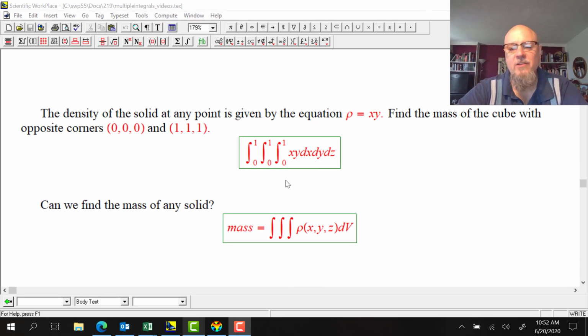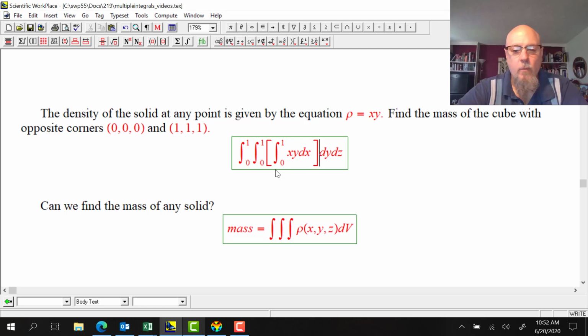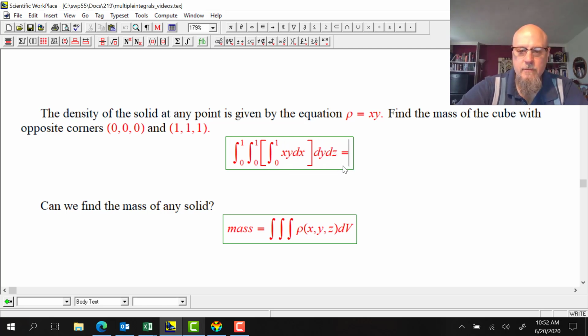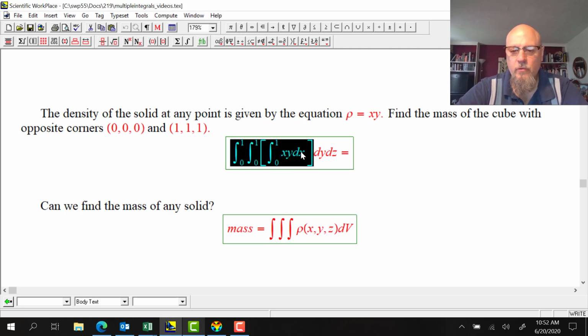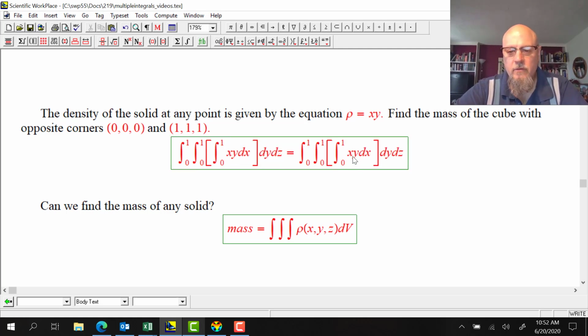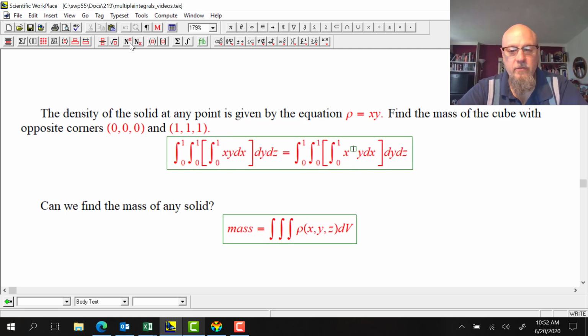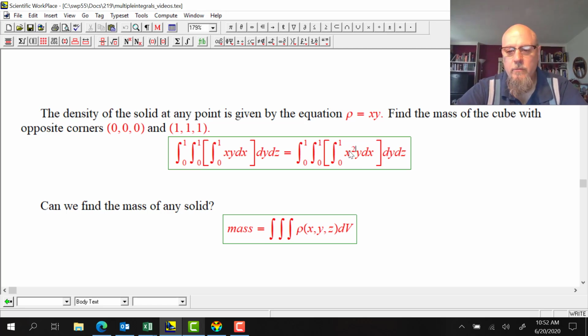So let's go back and actually calculate this then. We say it's not going to be too bad. Let's just do it. We're integrating the density function with respect to x, so we're summing up over all the x's. So that'll be a straight, y is a constant, so that'll be an x squared over 2.